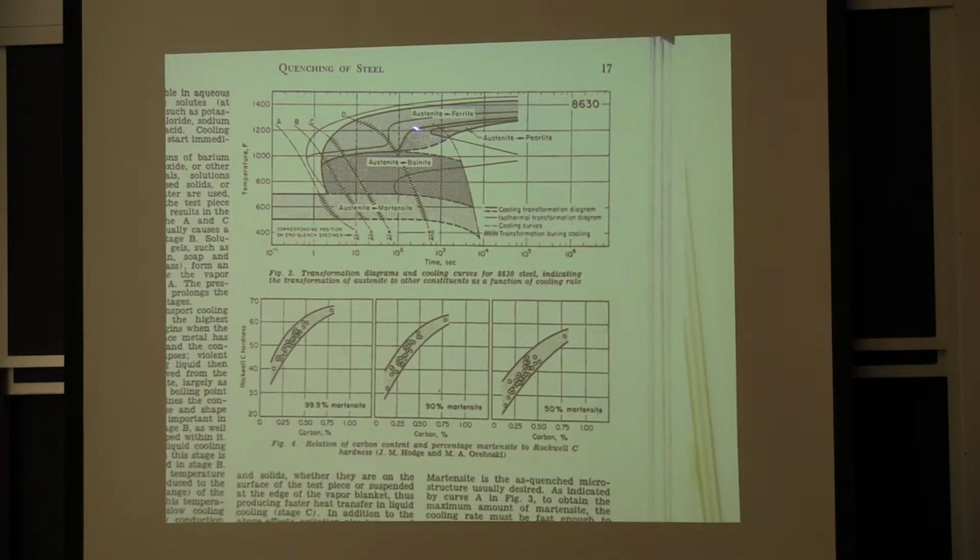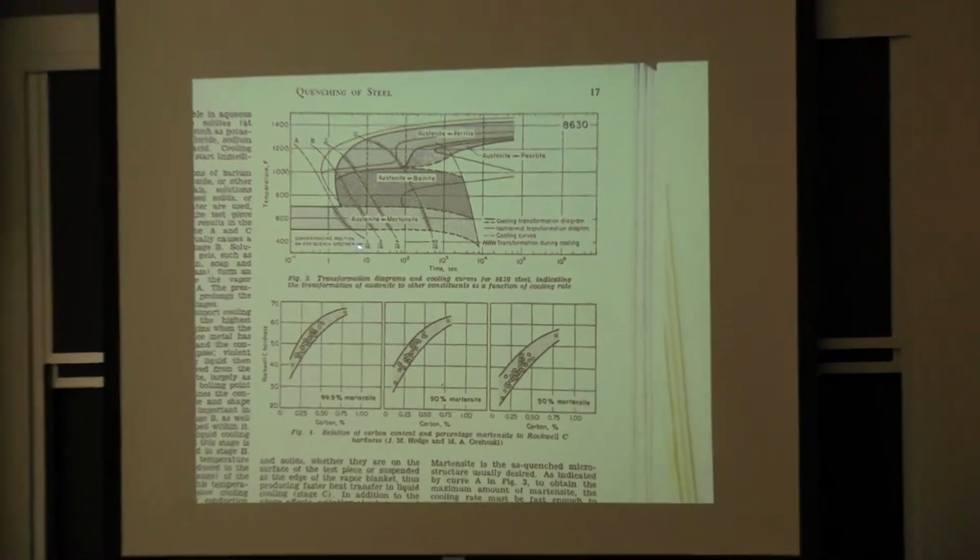And what we see here is it takes time, and right here, the A curve, I can cool and get 100% martensite in an 8630 steel, which is a little bit of alloy, 0.3% carbon, but I have to cool within 10 seconds to harden something to a 1/16 of an inch deep.